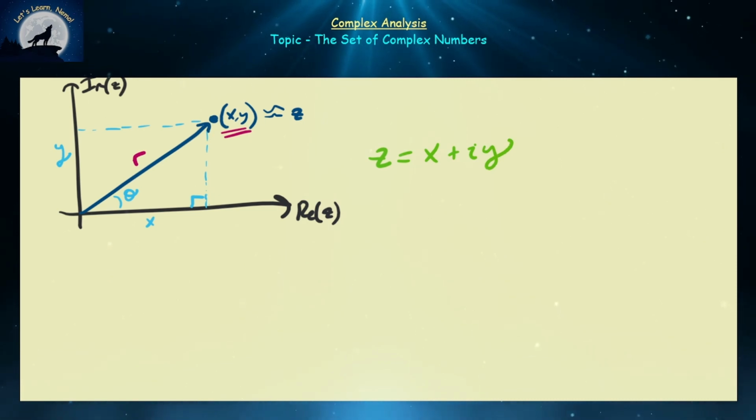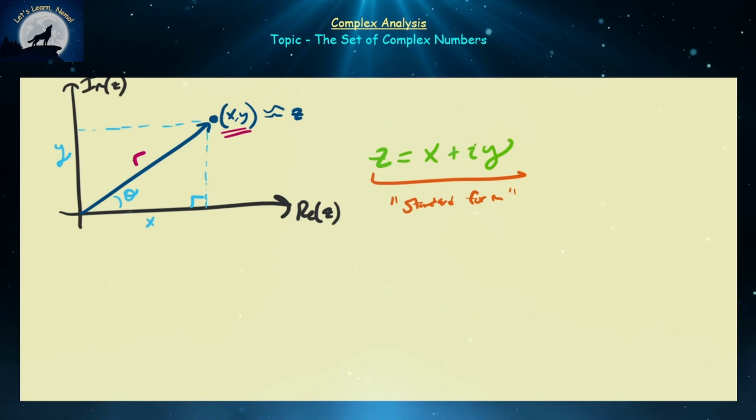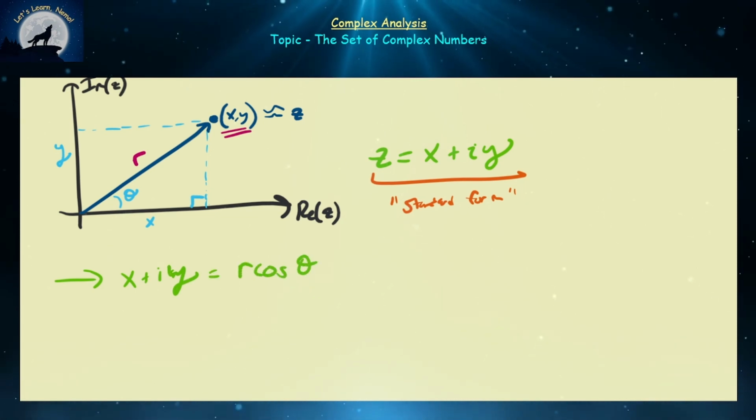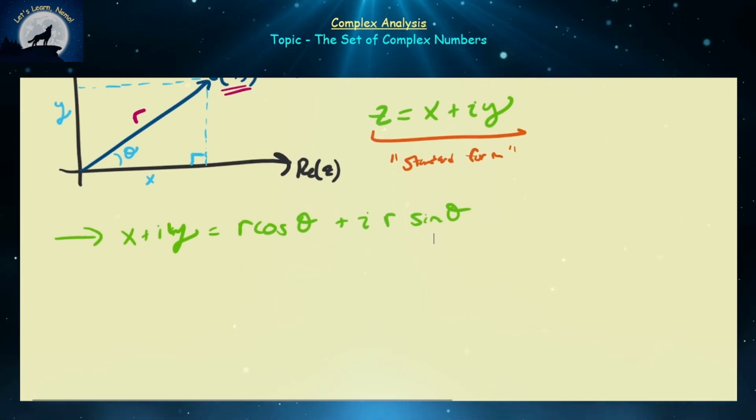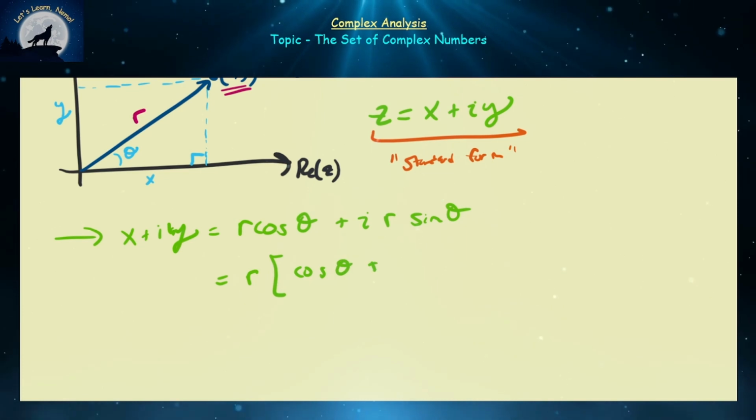If we replace x and y with their associated polar forms, then this form, which is sometimes called the standard form of a complex number, can be rewritten in another form, because x plus iy will now be equal to, x is going to be r cosine theta, and y will be equal to r sine theta. So we have this particular object, and we can factor r out of this expression, and we're going to have r multiplied by cosine theta plus i sine theta.